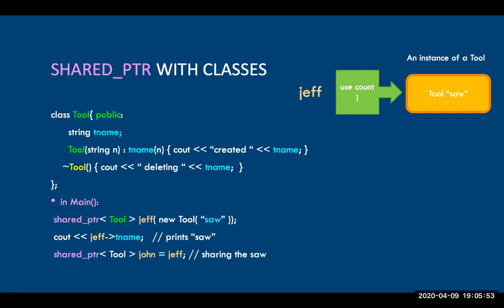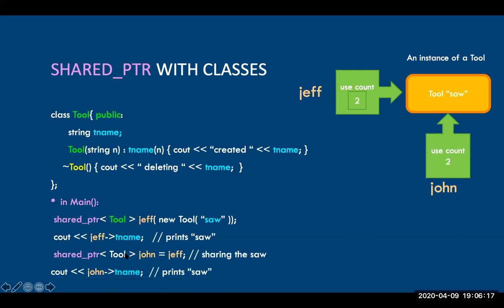And then I could create another shared pointer, John, right? That's going to be borrowing or sharing the same tool that I have, right? So now we've got two shared pointers, Jeff and John, that are actually referring to the same tool, the saw, okay? So just kind of highlighting that we're managing an instance here on the heap with both of these shared pointers, okay? And now our usage count is up to 2.